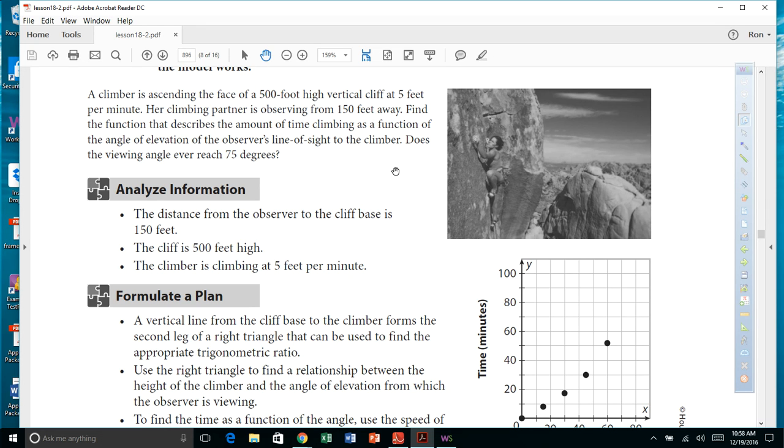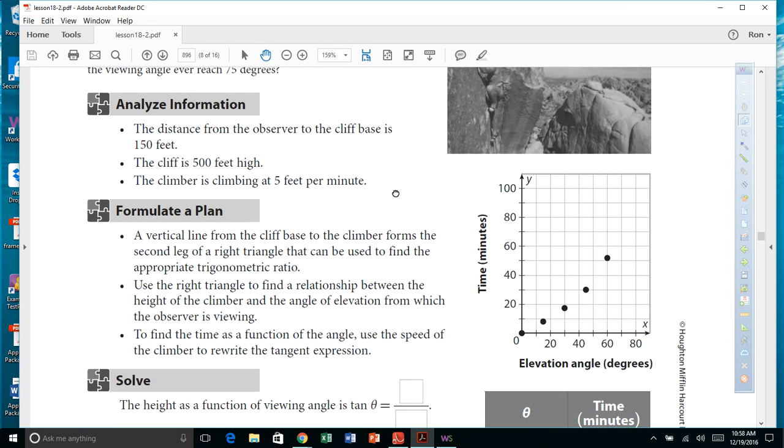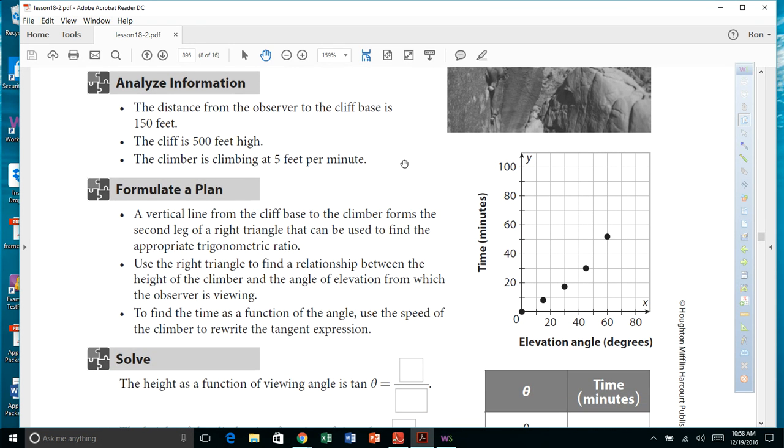Find the function that describes the amount of time climbing as a function of the angle of elevation of the observer's line of sight to the climber. Does the viewing angle ever reach 75 degrees? Okay. The distance from the observer to the cliff base is 150 feet. The cliff is 500 feet high. The climber is climbing at 5 feet per minute.